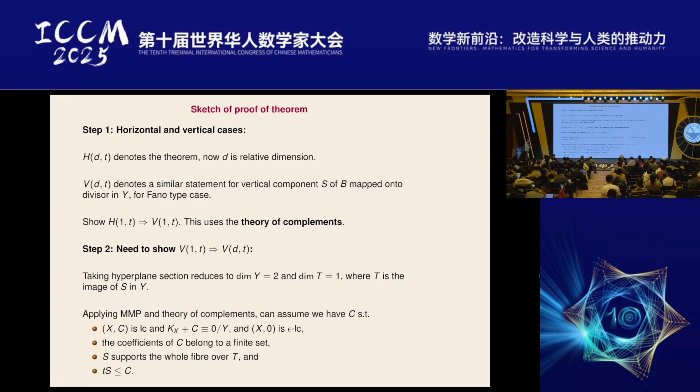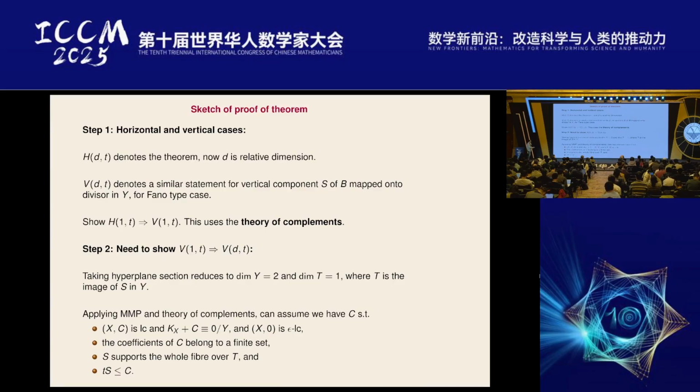Okay, and then at this point, we use MMP, the minimal model program, another highly non-trivial ingredient, together with this theory of complements to set up a change of our situation where we have some extra structures coming from complement theory. This complement theory essentially says that you can go from a more or less random setting to a setting where you have some kind of discrete structure.